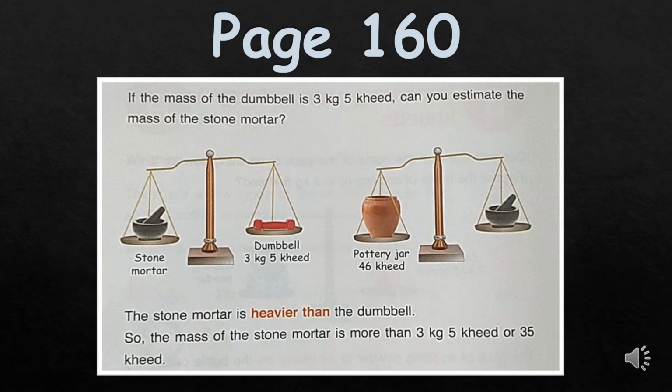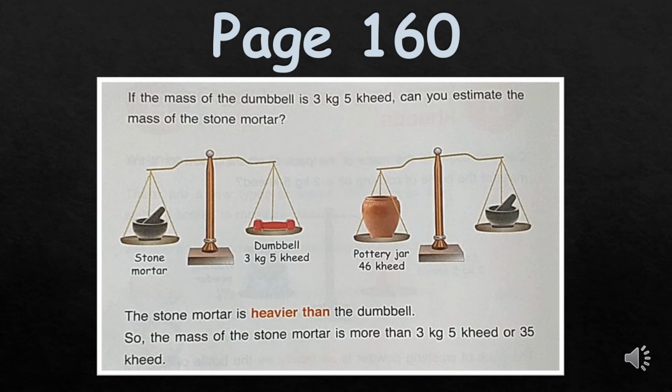No, not really, because it's a little bit out of balance, but the stone mortar doesn't touch the floor. So our estimate, what would the estimate be? The stone mortar is heavier than the dumbbell. So the mass of the stone mortar is more than 3 kilograms, 5 keys, or 35 keys. So that means it is more than the dumbbell.